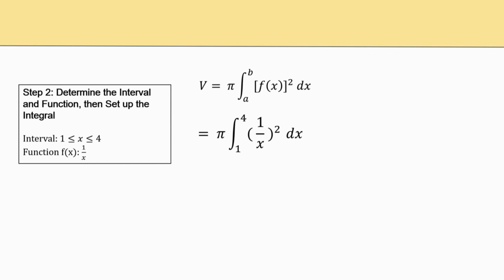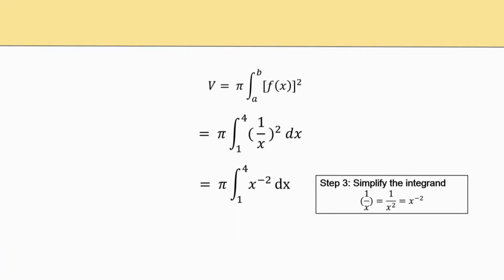Substituting the function into the formula, we set up the integral as volume equals pi times the integral from 1 to 4 of the square of 1 over x with respect to x. Then we simplify the integrand, in which we have 1 over x squared. We write it as x to the power of negative 2 to make it easier to integrate.